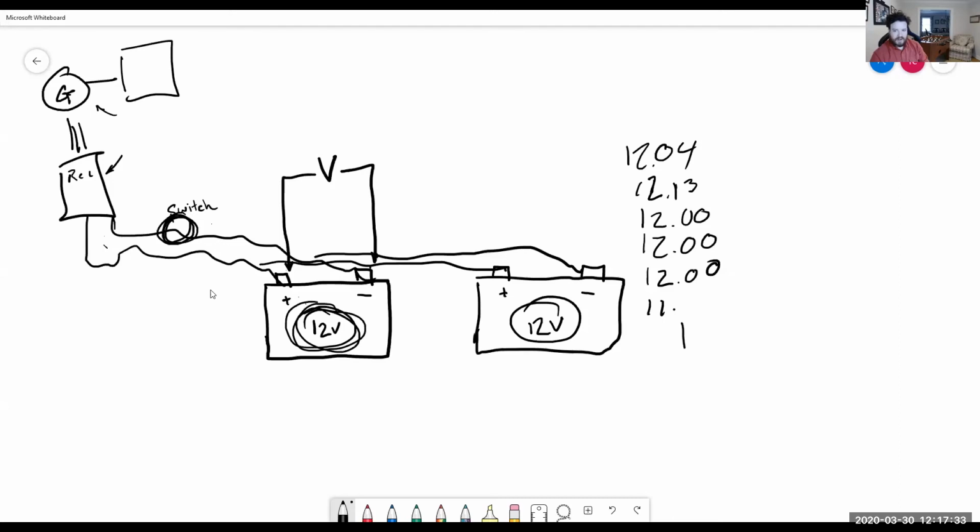And then from there, it just goes. Once you hit about 10, you're dead. But it will stay up in the 12 region for a long time. Then over the course of about a month, you'll go from 11 to 10. But it'll stay years in this.